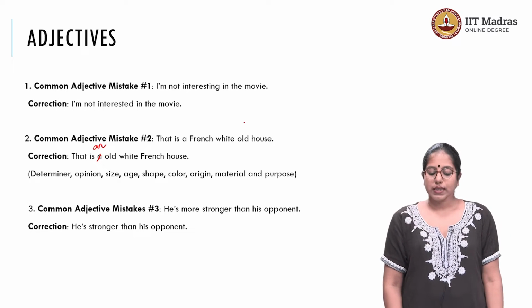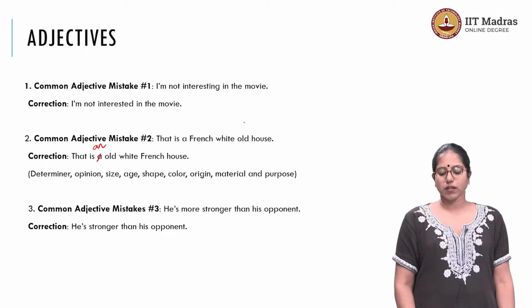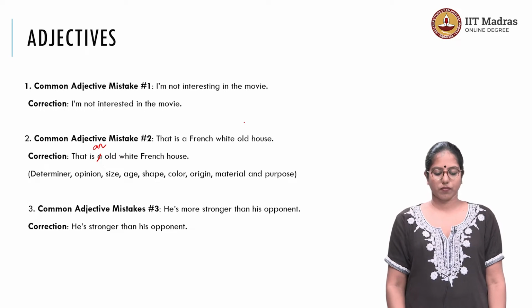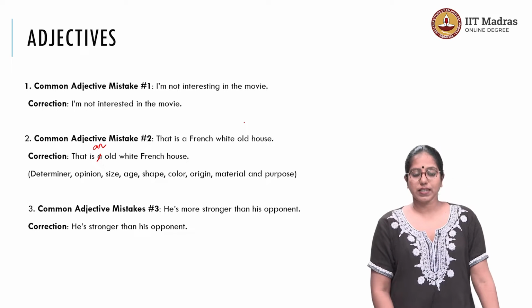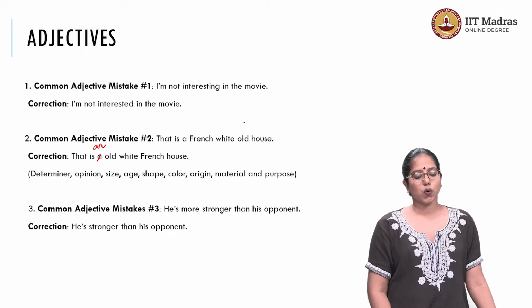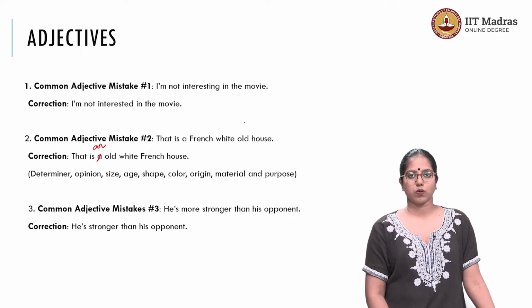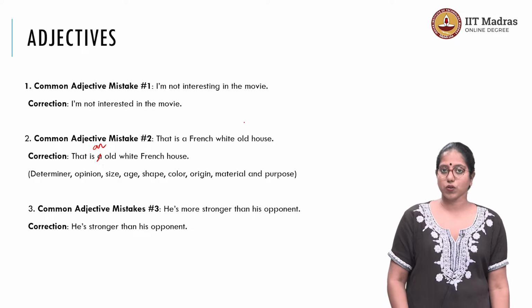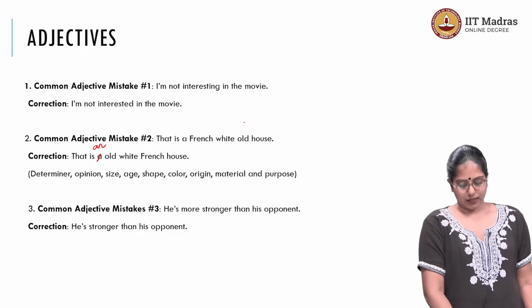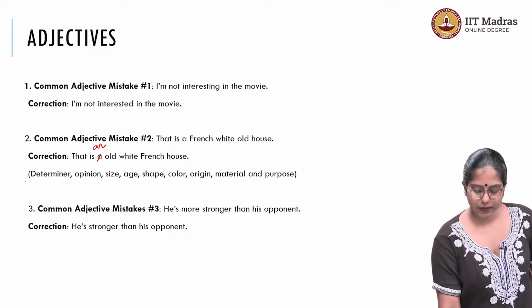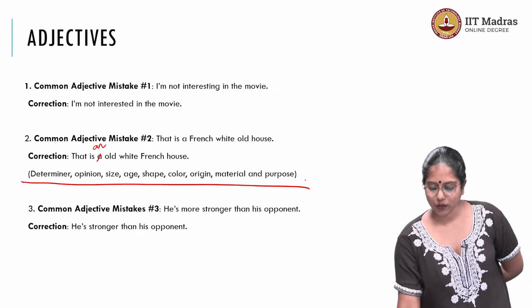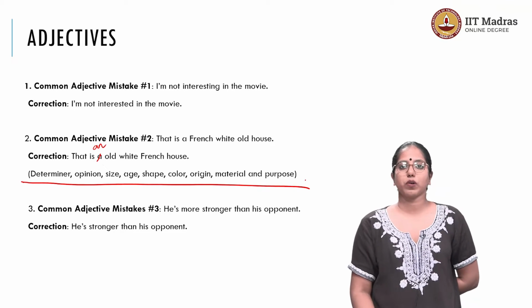sentence is, "That is a French white old house." So, the right answer is, "That is an old white French house." Why is that so? Because this is the order that we must follow when you have multiple descriptions about a noun.